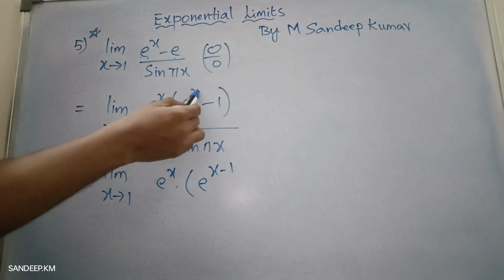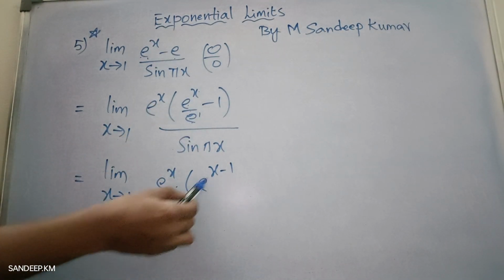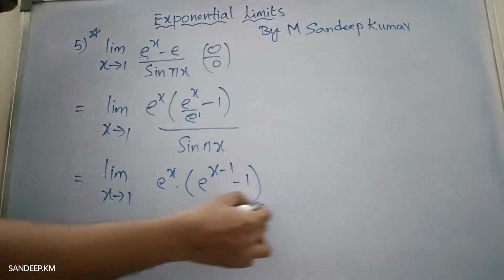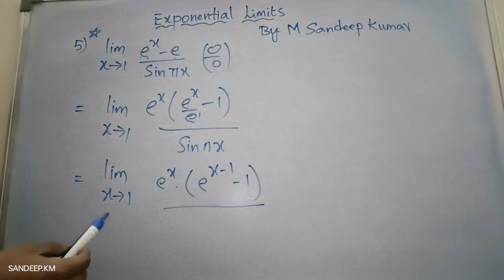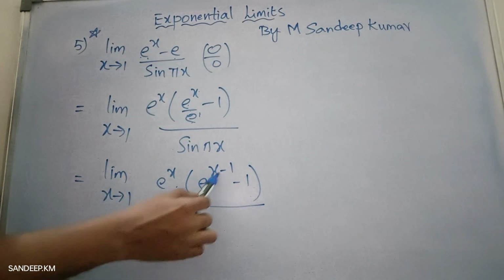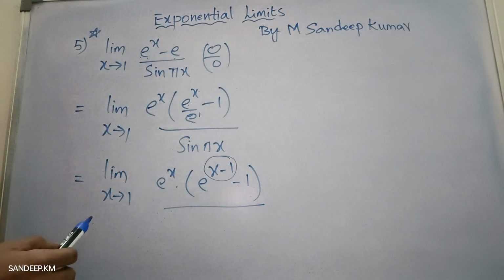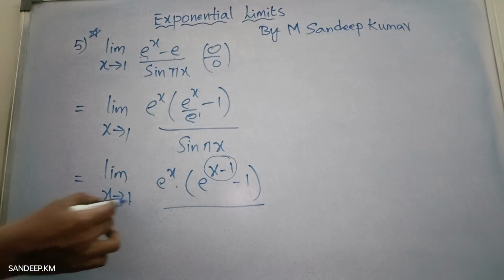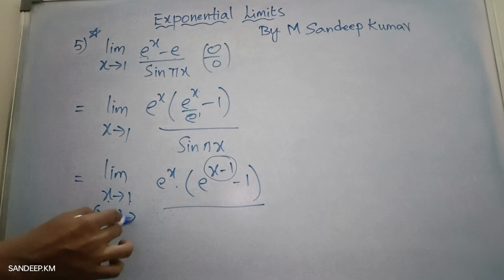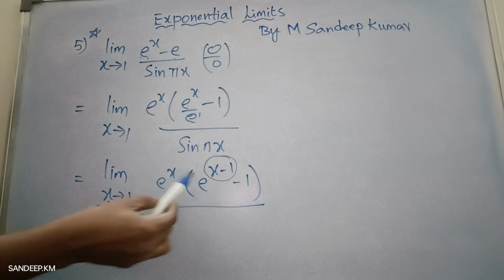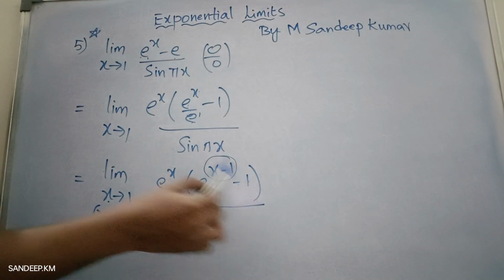Yes, because e power x divided by e power 1 will be e power x minus 1 as it is. Look at this. This is like e power f of x minus 1, where this f of x is approaching 0. Why is it approaching 0? Because x is approaching 1, x minus 1 is approaching 0.